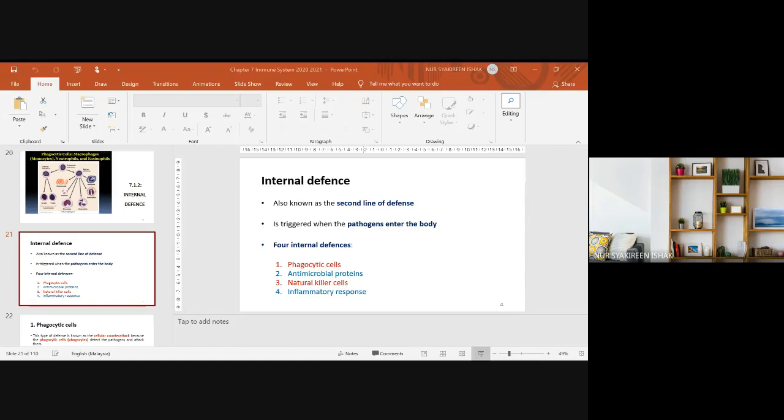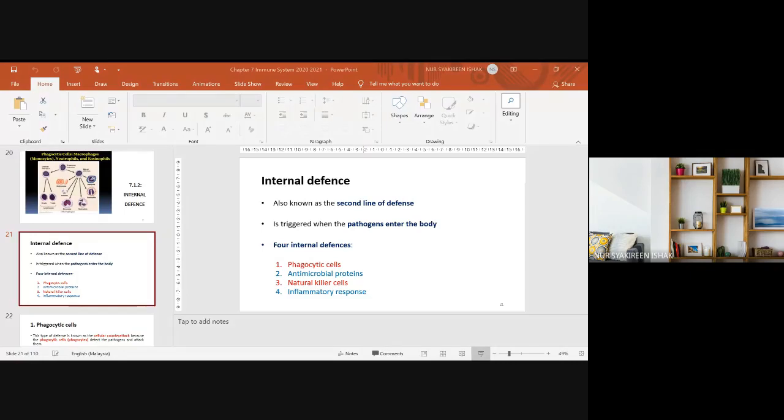And then inflammatory response, it involves a series of reactions to occur when, for example, you have a cut, which may be prone to entrance of pathogen.